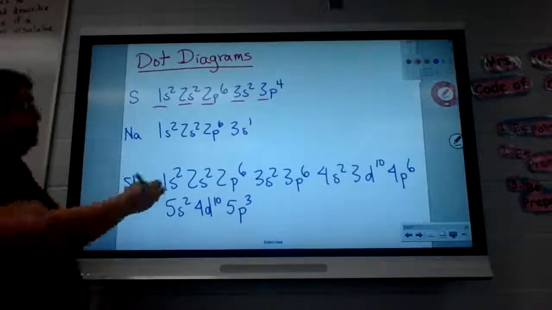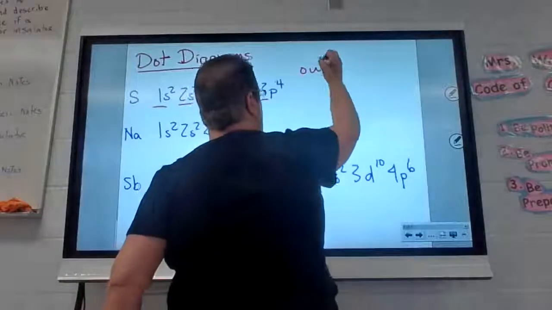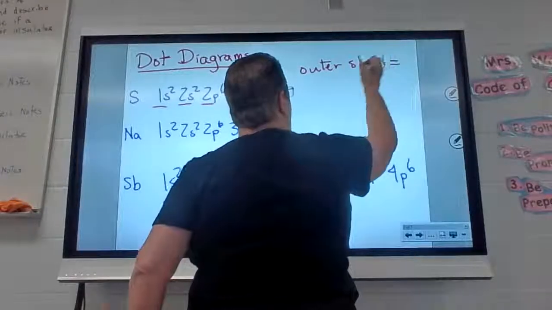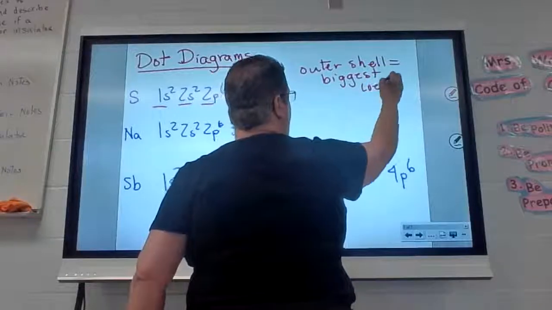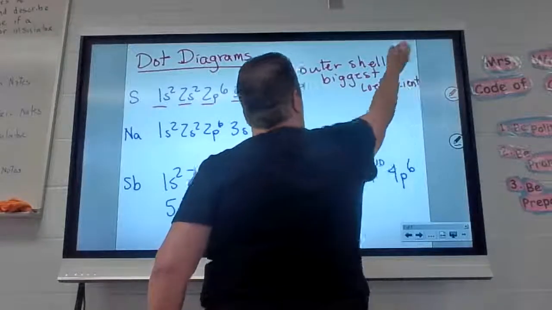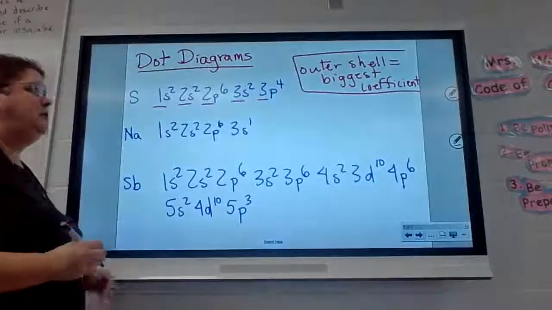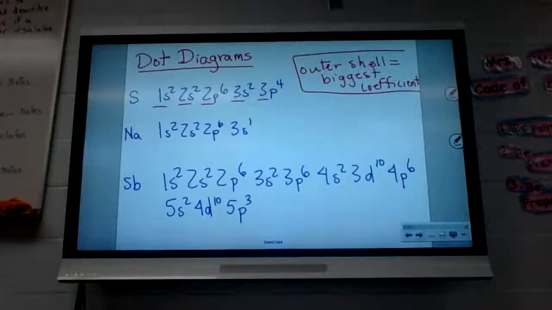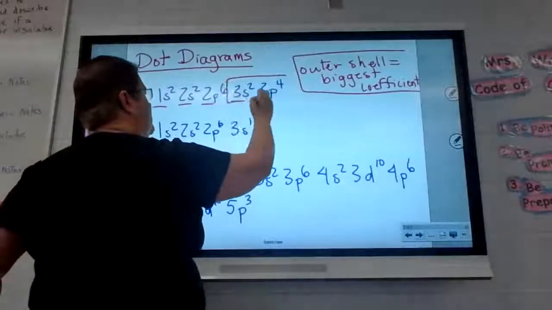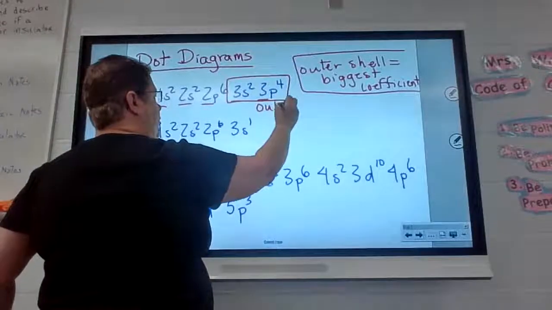Good, Michaela. So the outer shell is the biggest coefficient. Always. Okay? So what is my biggest coefficient in that configuration? 3. Yes. So how many 3s are there? 2. Okay, so you've got to count the 3 what and the 3 what? 3S and 3P. Good, Janai. So this is your outer shell.